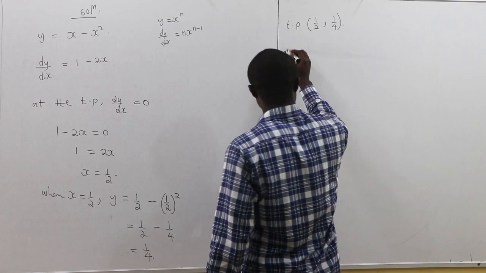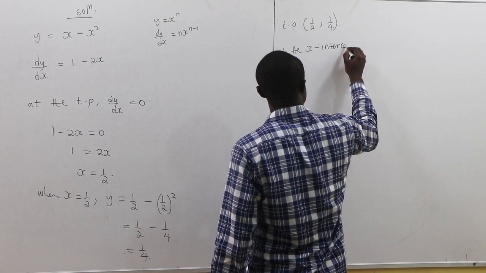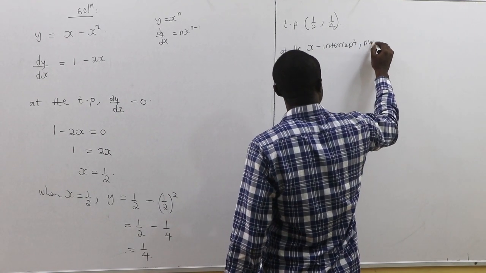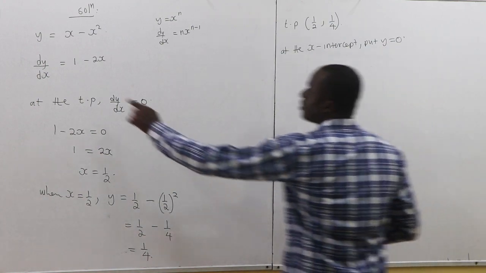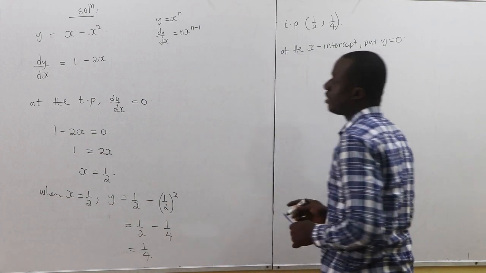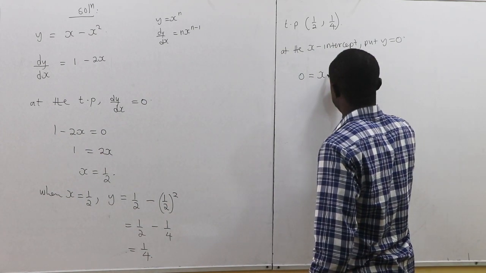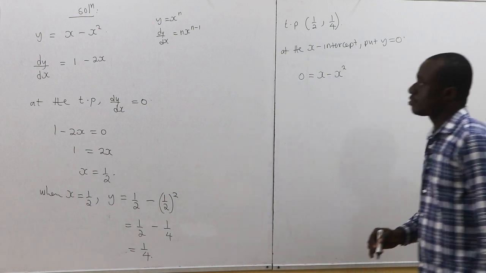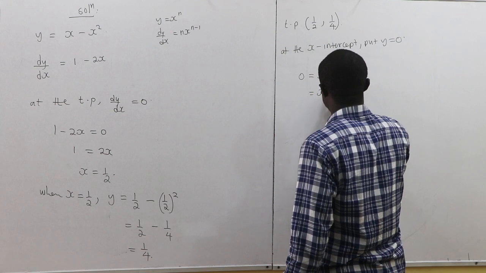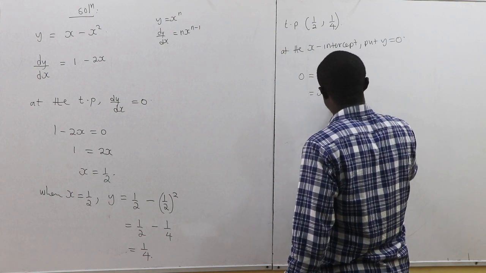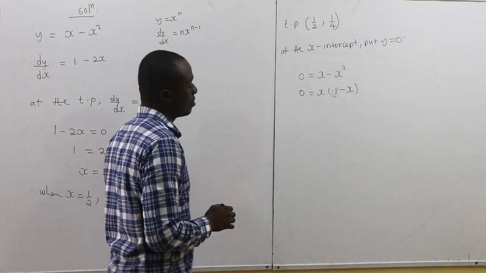Now at the x-intercept, we put y to 0. What is the equation? y equals x minus x squared. So y is 0, so you have 0 equal to x minus x squared. Let's factorize x out: x times (1 minus x) equal to 0.